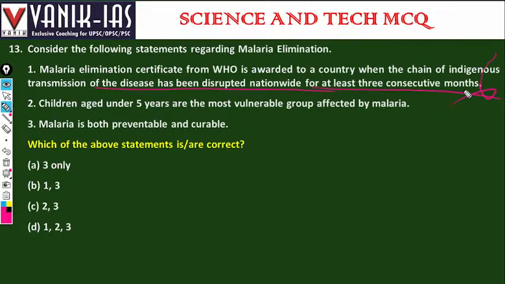Malaria is both preventable and curable. Which of the following statements are correct regarding malaria? So the first statement is wrong. When the first statement is wrong, automatically all the options with it are wrong. Now you have 2 or 3. So 3 is right, for the rest you have to think whether 2 is right or wrong. Are children the most vulnerable group? Yes. Children under 5 age group are the most vulnerable group regarding malaria.